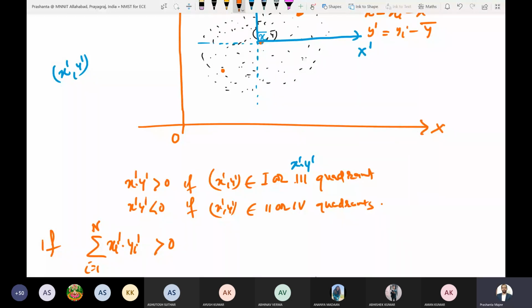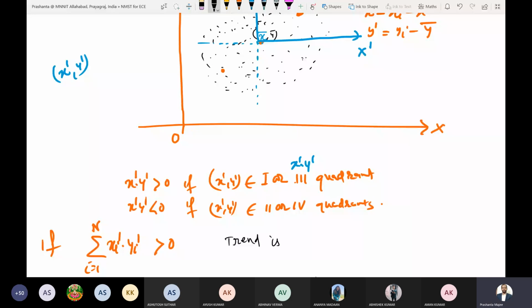If the sum of the product over all the data points with respect to the new coordinate axis is greater than 0, then from which quadrant to which quadrant will there be a trend? Trend is from third to first or first to third quadrant? Yes or no?